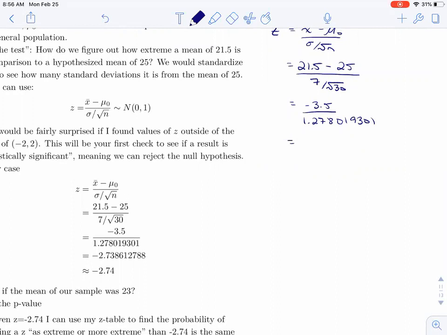So I get roughly negative 2.74, to 2 decimal places.